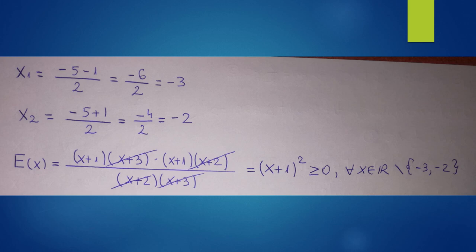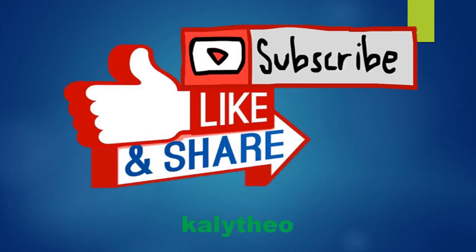And the expression is equal to x plus 1 everything squared, which is always greater than or equal to 0 for any x belonging to the set of real numbers without minus 3 and minus 2.